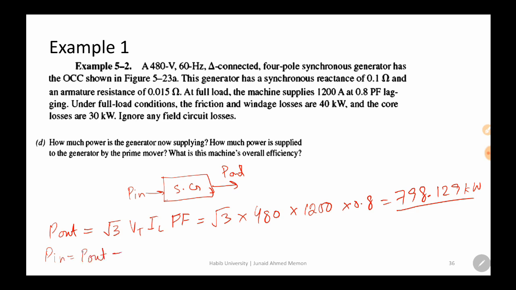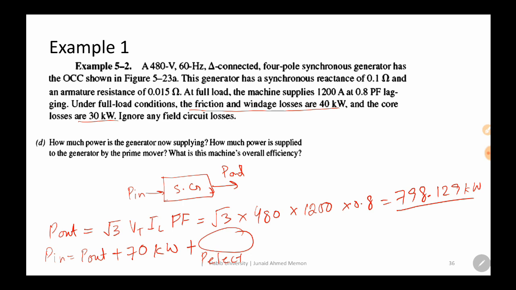We have a P output, and we incorporate all the losses given here, which are the friction losses, windage losses, and the core losses, which are 40 kilowatts and 30 kilowatts, so 70 kilowatts. These are the mechanical losses and the core losses. The losses that we still need to calculate are the electrical losses, so we need to add the electrical losses here, P electrical.